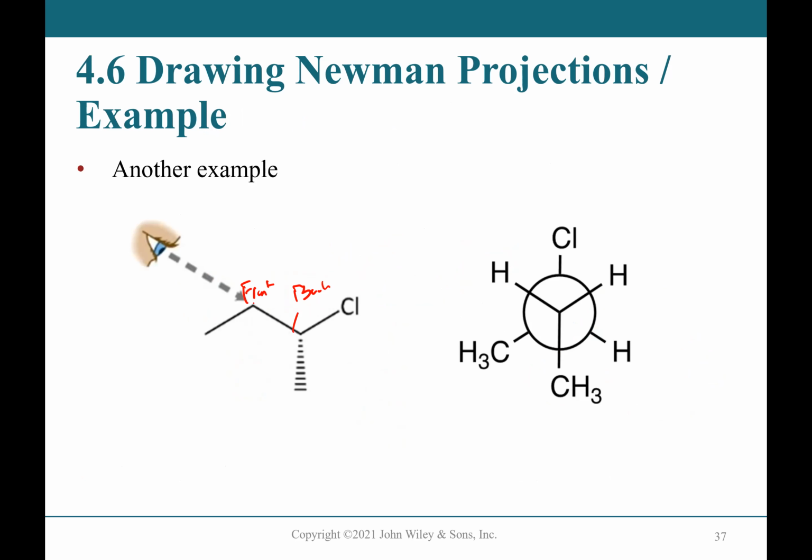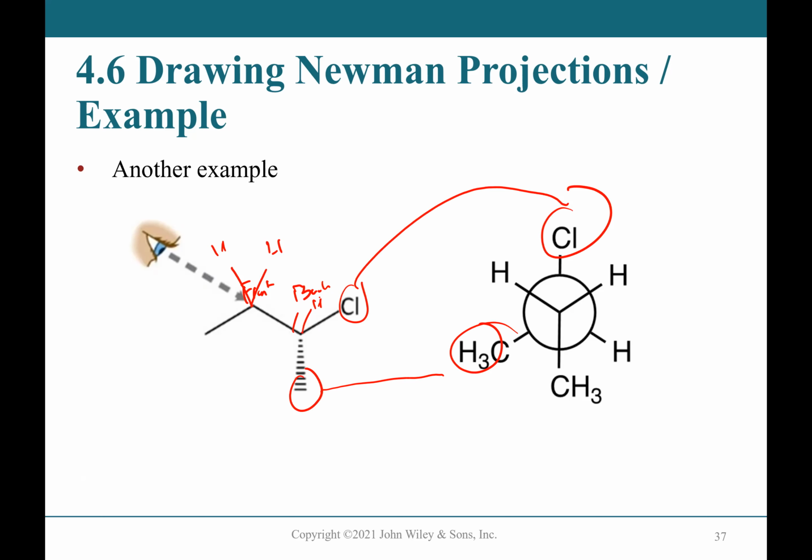What they don't show you is there's 2 hydrogens here, right? Likewise, you have another hydrogen here. So this methyl group right here is right here. This chlorine here is here. And that hydrogen right there is this right here.